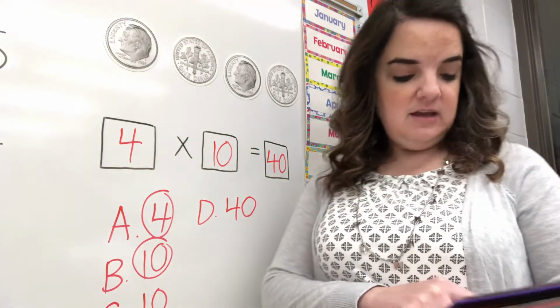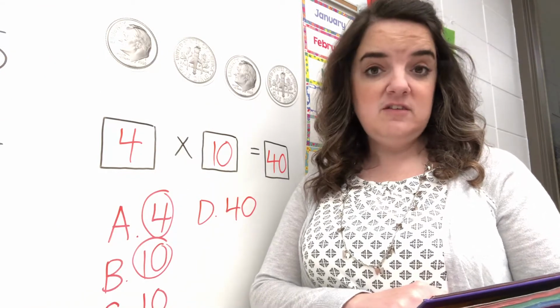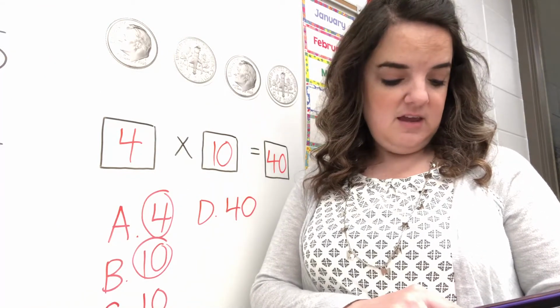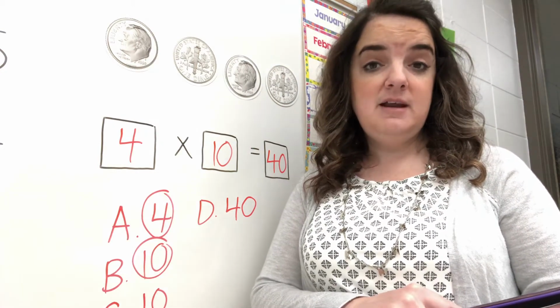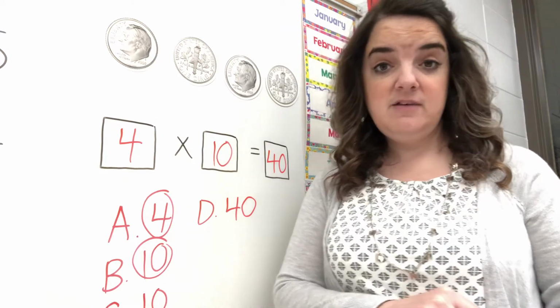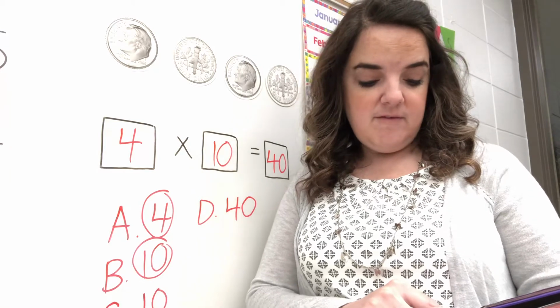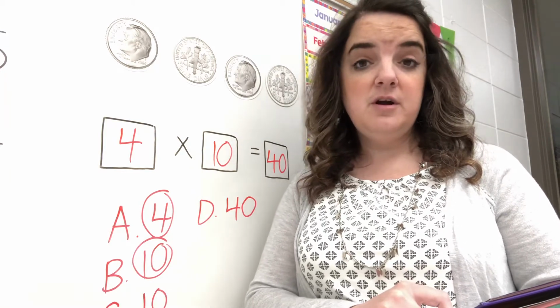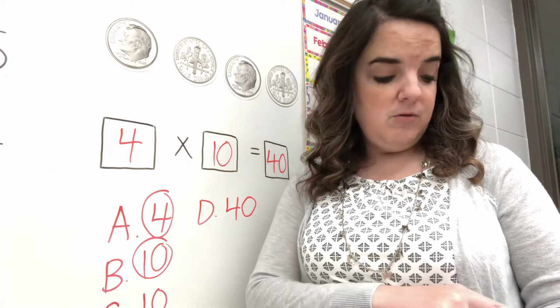Box C, 6 plus 6. Box D, 9 minus 5. Box E, 8 minus 4. And box F, 9 plus 4. Okay, let me go through those one more time.